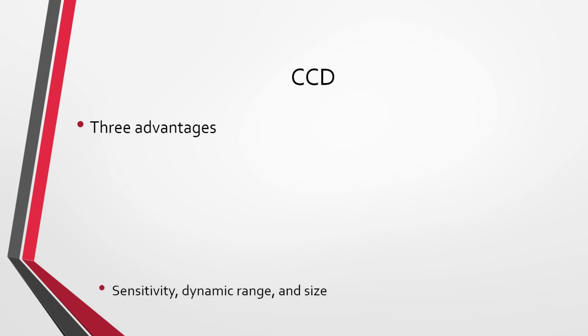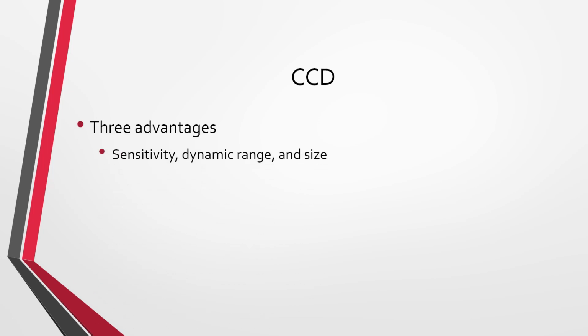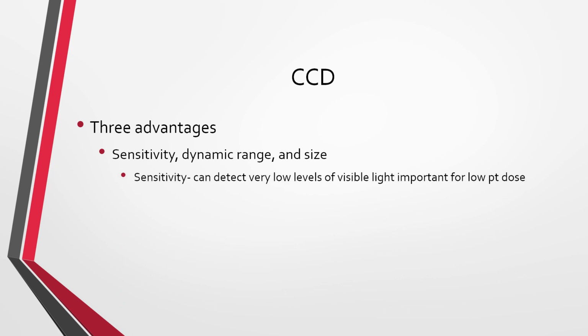For CCDs, we'll talk about three advantages: sensitivity, dynamic range, and size. Sensitivity means it can detect very low levels of visible light, which is important for low patient dose, so we can use less radiation because we don't need so much light with this technology. Dynamic range is the ability to respond to a wide range of light intensities.